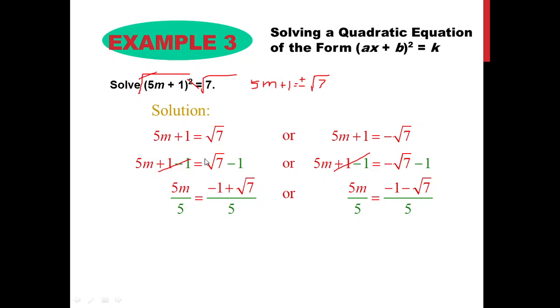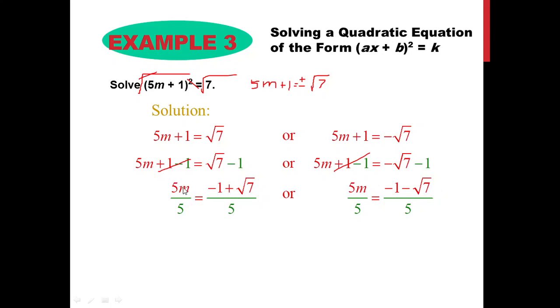Make sure that when you transfer a term, the sign of that term will not change, since they are on the same side of the equation. So you have negative 1 plus the square root of 7, and the other value would be negative 1 minus the square root of 7.